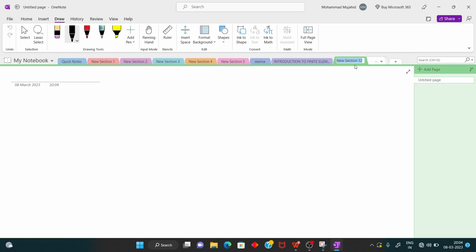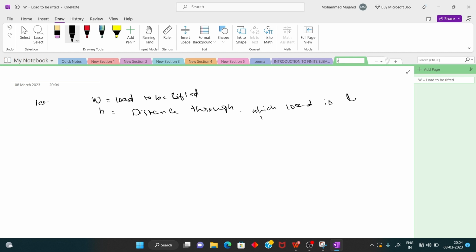Then again, it can also be proved by this method. First, let W equal the load to be lifted and H equal the distance through which the load is lifted.